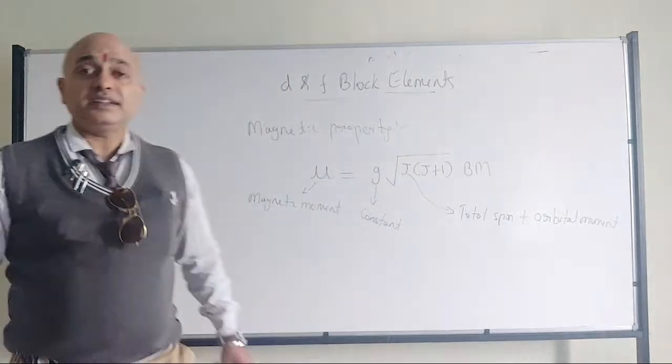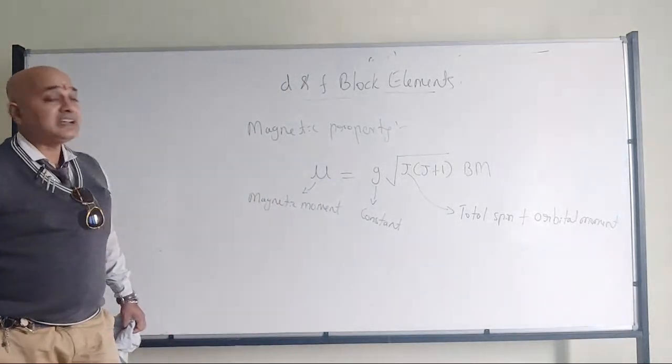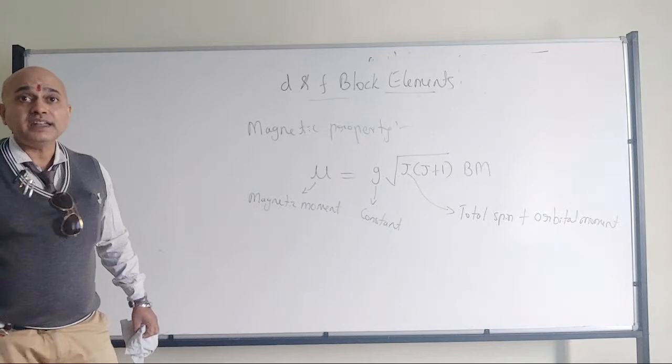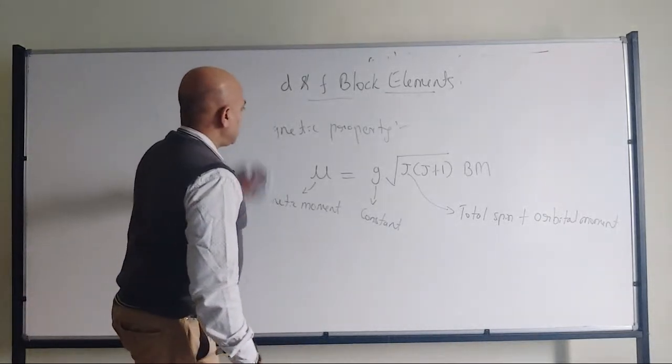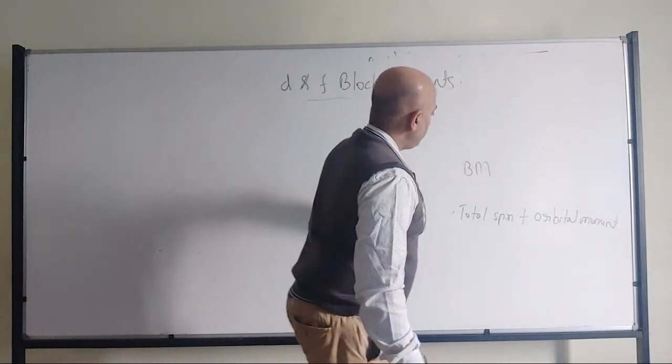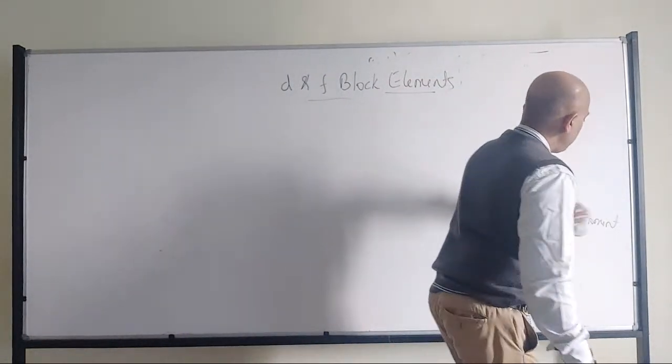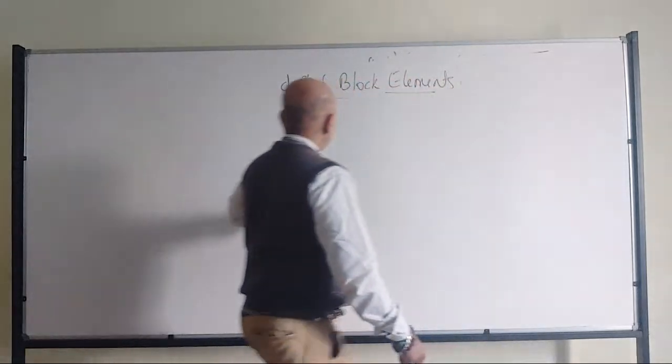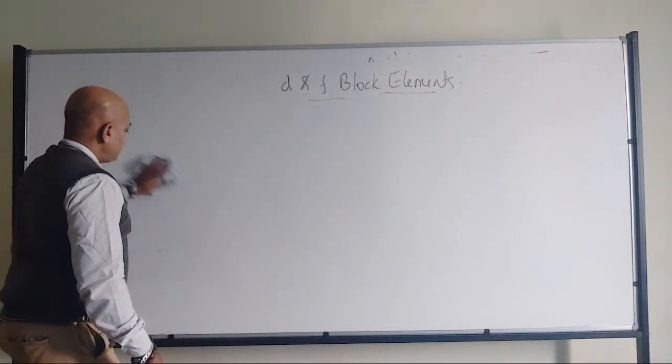So due to that, wherever unpaired electrons are there, they can show the magnetic property. Shall we move to the next one?